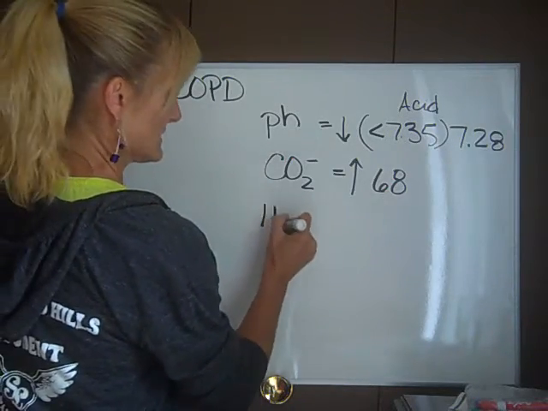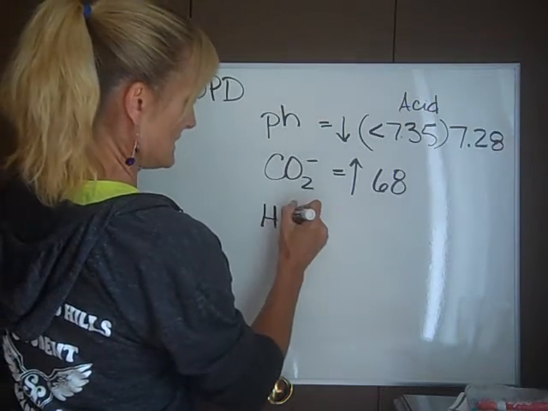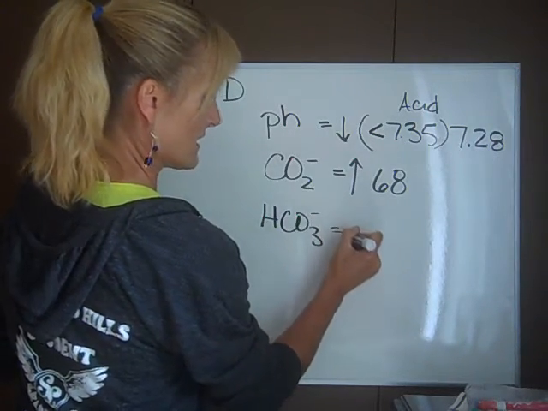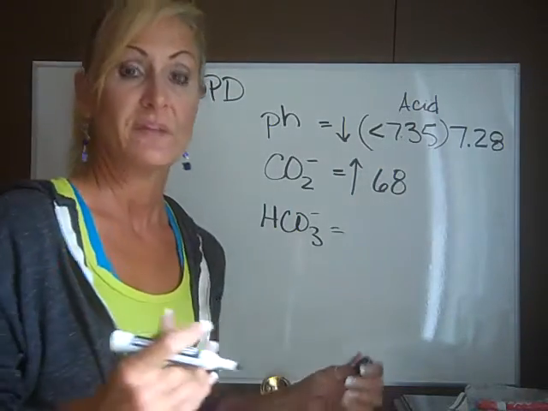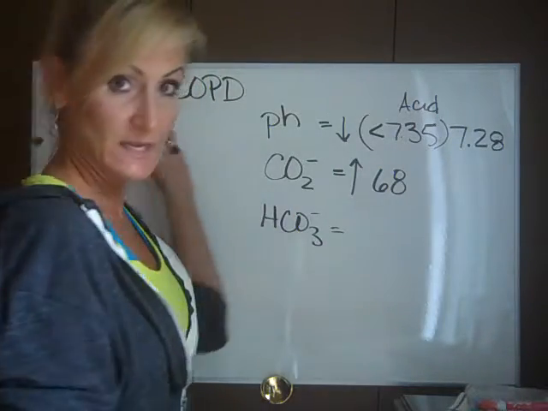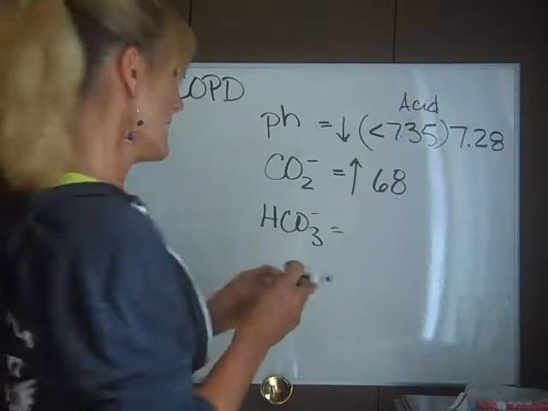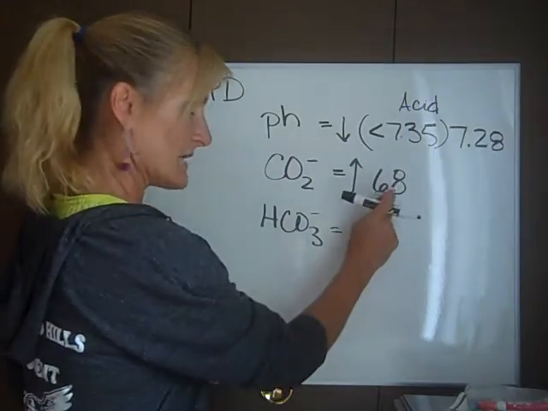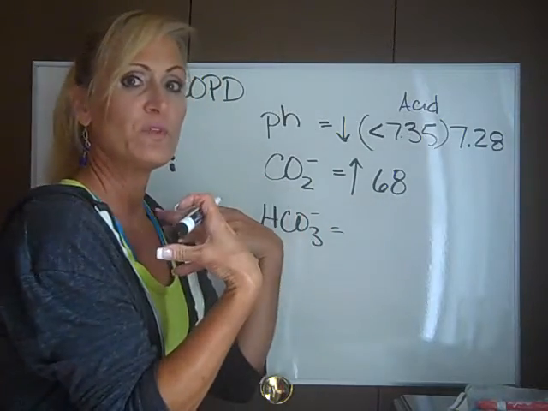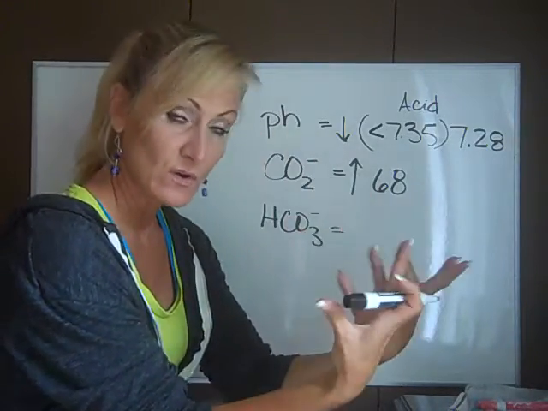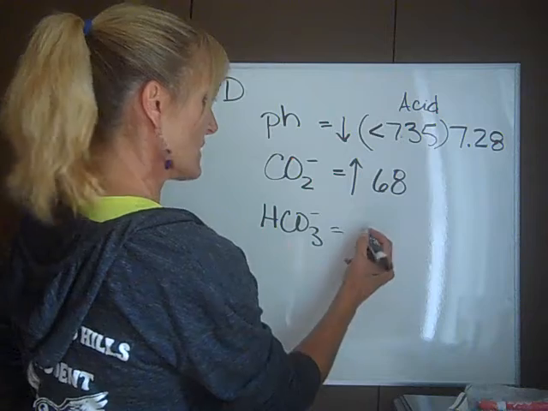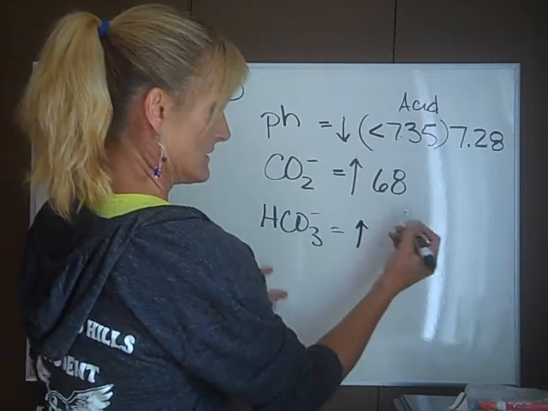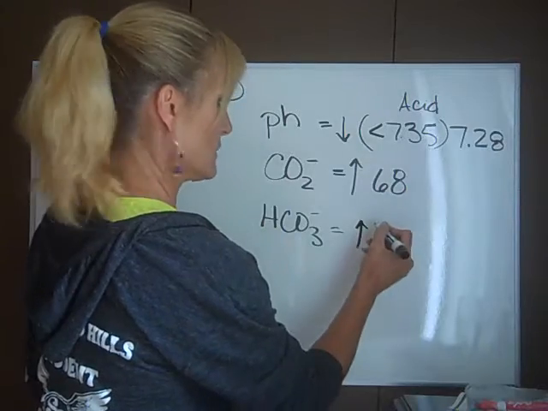Now, if your patient has had COPD for a long time, what do you think their bicarb is going to be doing? That's coming from the kidneys. If they've had it for a long time, which is a chronic disease, what do you think their bicarb is going to do? Knowing that their acid is high, the kidneys are going to want to hold base. So you're probably also going to have higher than normal base.